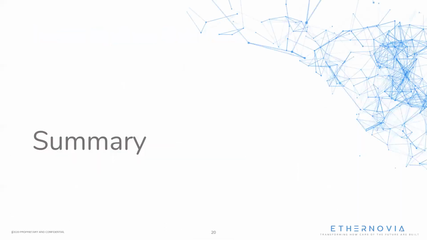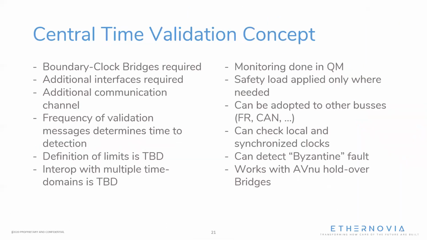So in summary, what I've proposed to you is a central time validation concept that allows for monitoring done in QM. If we have boundary clock bridges, it requires additional interfaces to read the synchronized time in addition to the local time. It keeps safety load local to where it's actually needed.